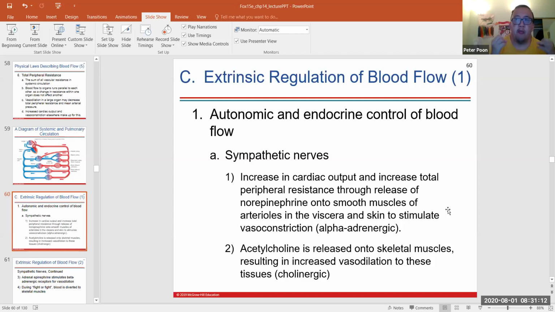You're not trying to get blood everywhere. You're trying to get blood only to certain places, the muscles that you're trying to run with. So you want to increase TPR in the arterioles of the viscera, which constrict them, and like the skin, etc.